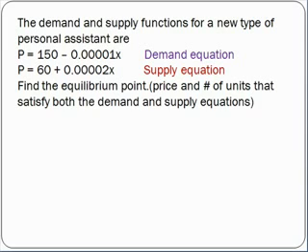So just the way the 2 equations are set up, the x represents the number of units that you're going to sell, and the p represents the price for that unit, and we want to find both of those. So if we're looking for an equilibrium point, we need both of those values. I need to know at what price and how many items would you sell.